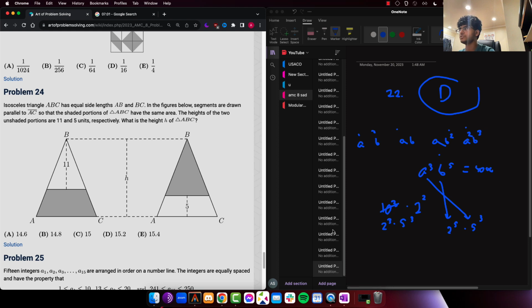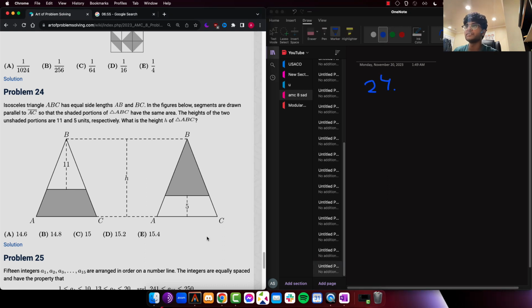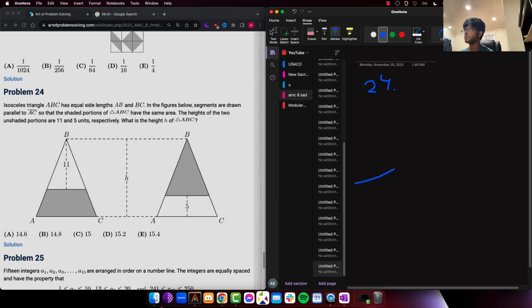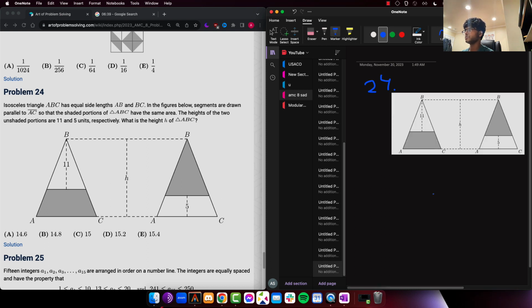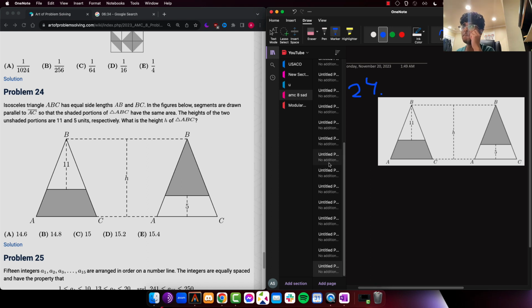Okay, we're doing geometry next. Did I number that one? Yeah. Okay, isosceles triangle ABC is equal side lengths. What is the height of ABC? Okay. What did I just do? Oh, okay, H is the input.